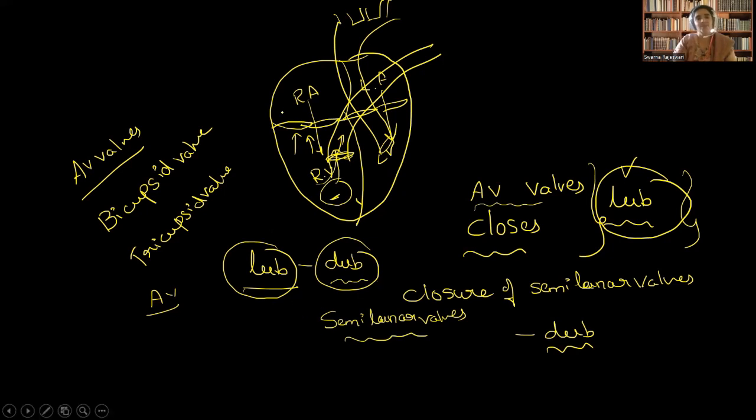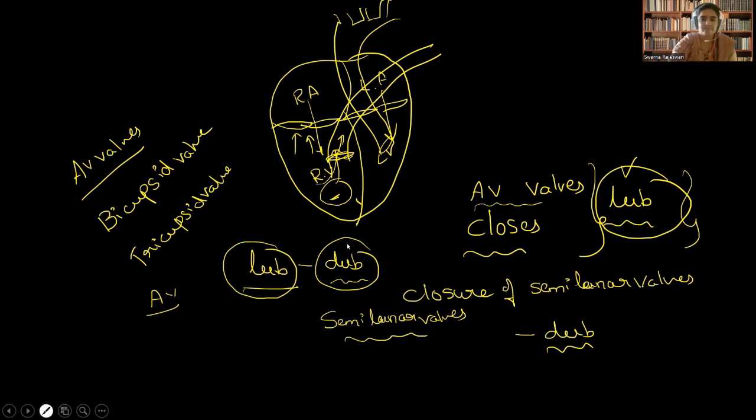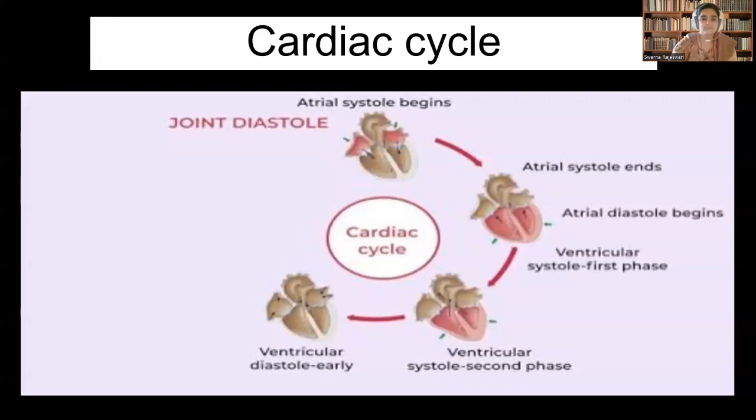So the entire sequence of events from one heartbeat to the next heartbeat, we call the cardiac cycle. Okay. So these are the three stages of the cardiac cycle. Here it is given, if you see.